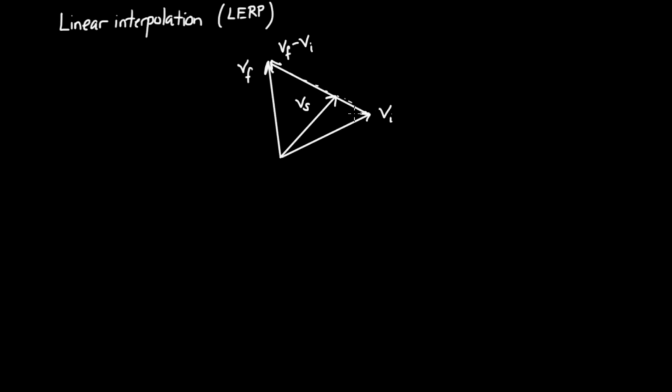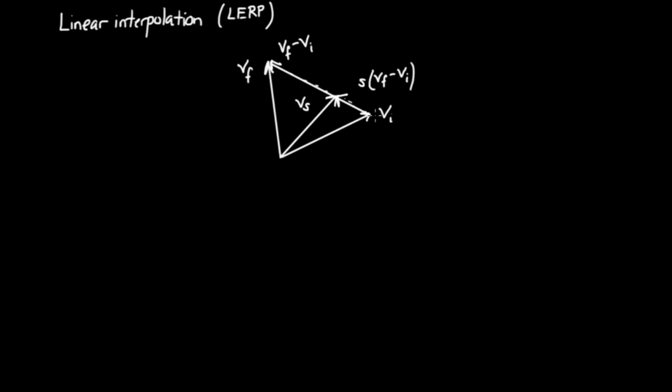To find this vs is relatively simple. I'm going to take vf minus vi and scale it down by multiplying by that parameter s. So the vector from here to here is simply going to be s times vf minus vi.